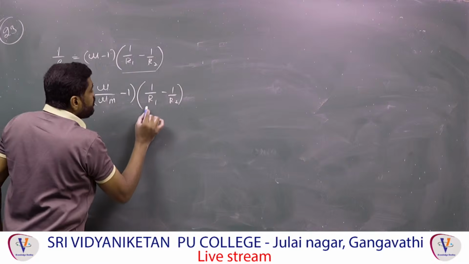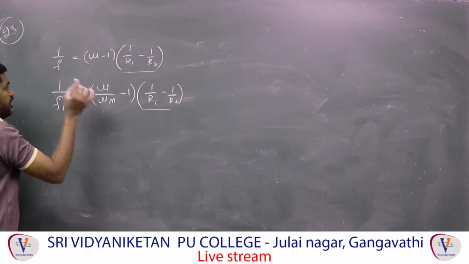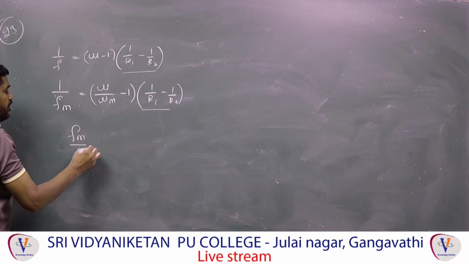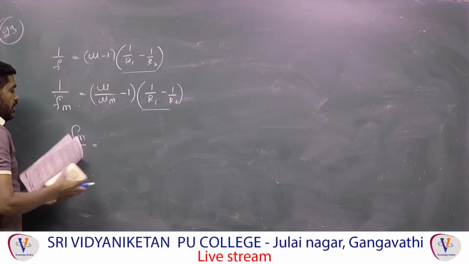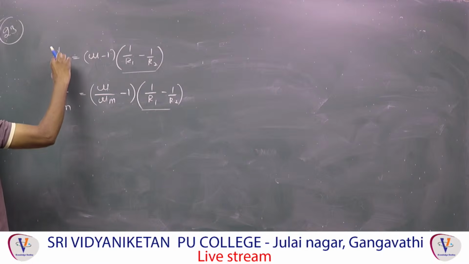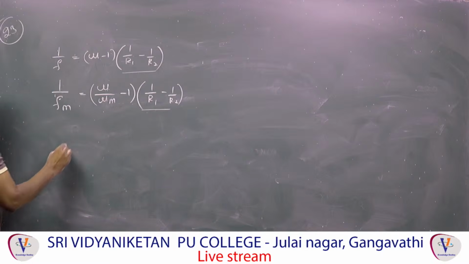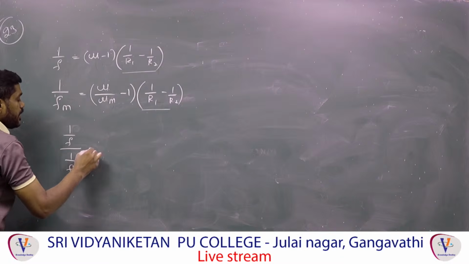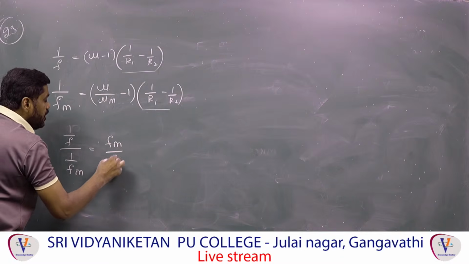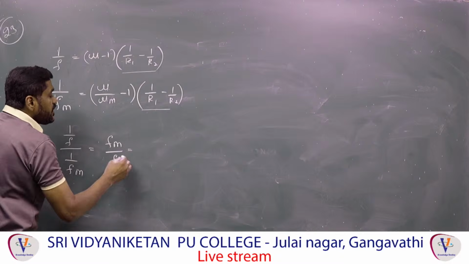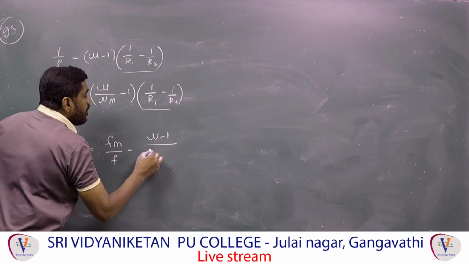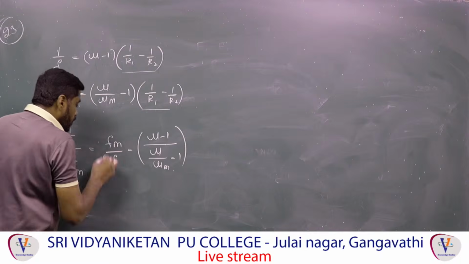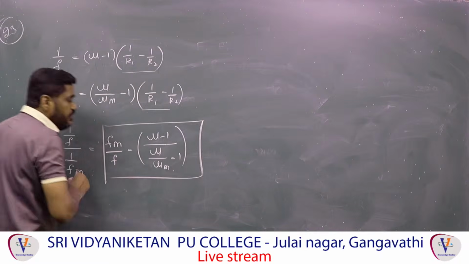If you take the division of equation 1 by equation 2, 1 by f by 1 by fm, it comes like fm by f. After solving, mu minus 1 by mu by mu m minus 1. Remember this formula, very important.